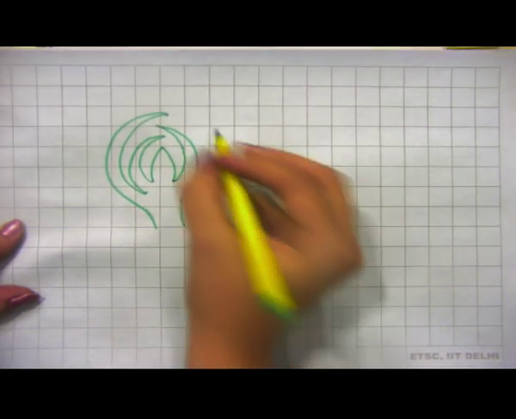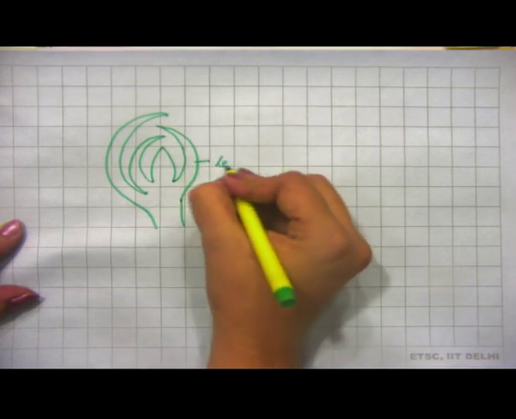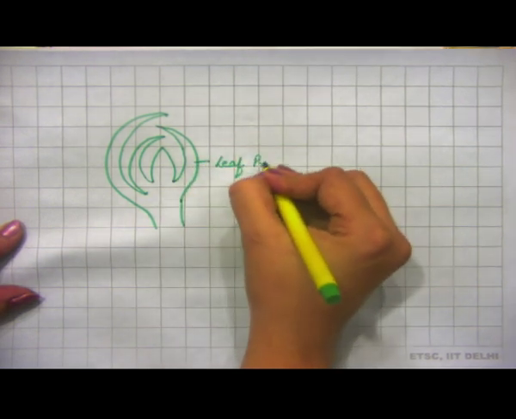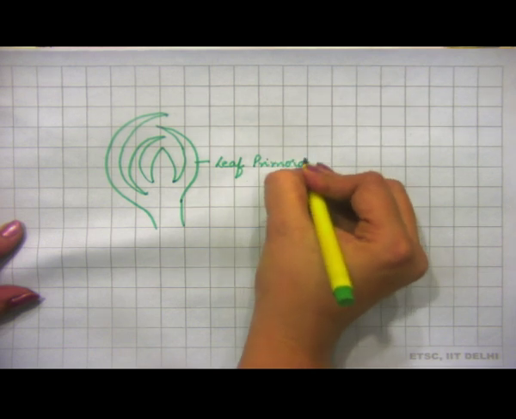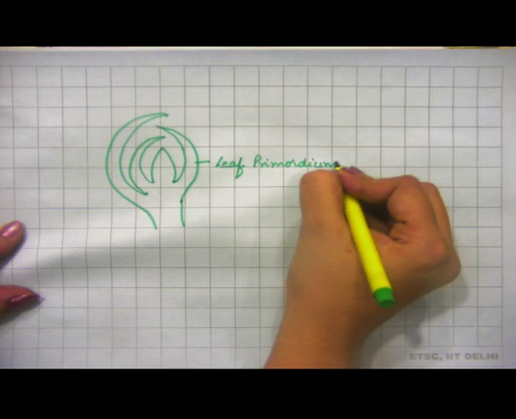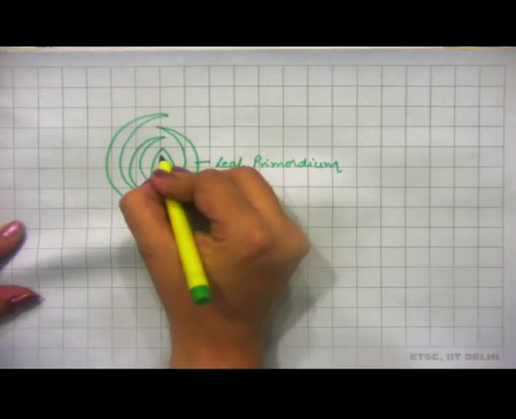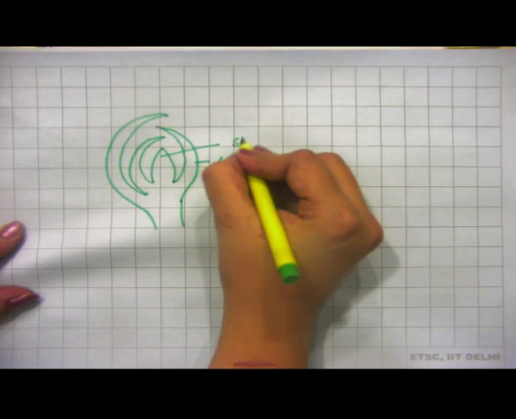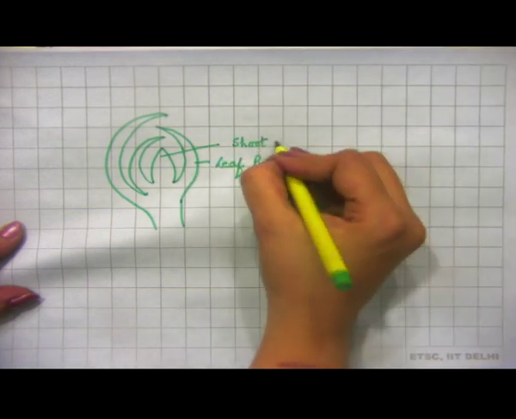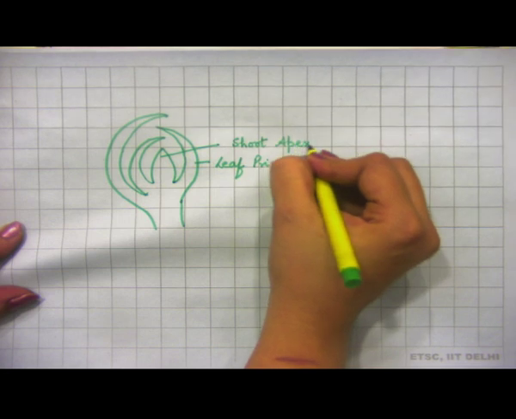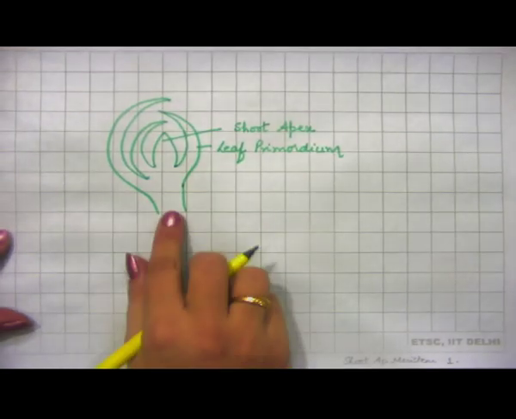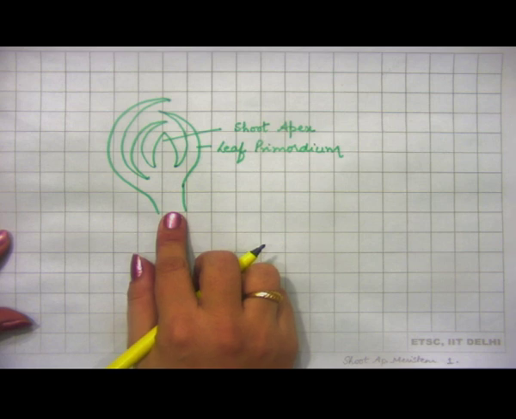So, these are the leaf primordia, singular is primordium, and this is the growing shoot apex. It bears the shoot apical meristem.